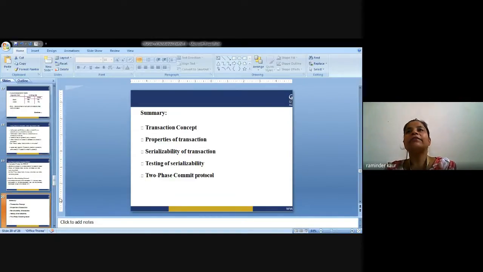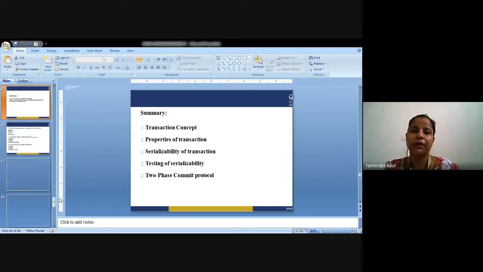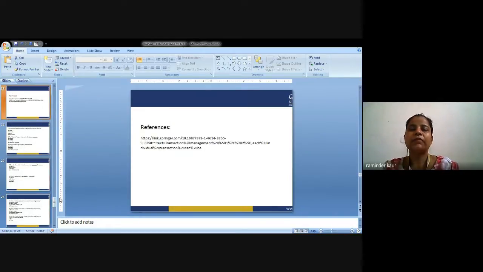What I have discussed so far today is transaction management as a whole: transaction management, ACID properties, serializability, concurrent transactions, locking procedures, then testing of the serializability, then two-phase locking, that is growing and shrinking. So this was all about today's lecture. If you have any query regarding the same, you can ask me. This is the reference link that is given for you.